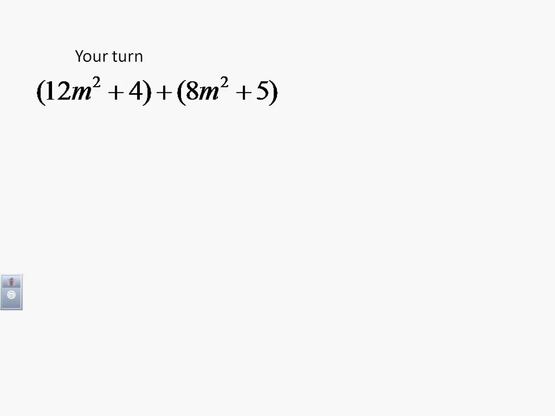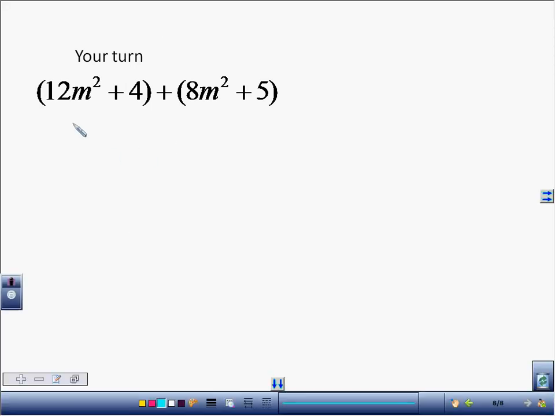We combine the like terms, so we have 12m squared and 8m squared, which makes 20, or you could line them up, 12m squared plus 4 over 8m squared plus 5, and then add together. So you get 20m squared plus 9. Or you could have done the horizontal method either way.